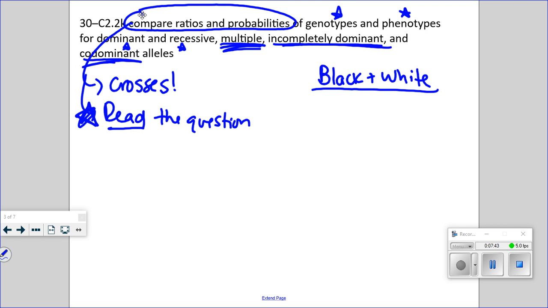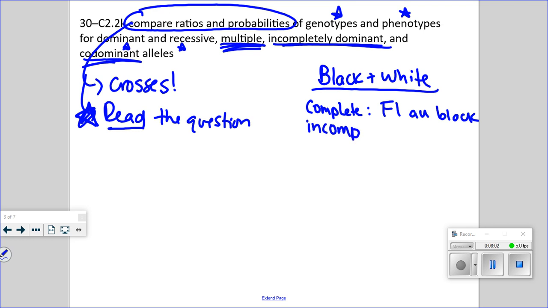Almost made bunny stew. If the scenario is complete dominance, and I cross pure breeding black and white bunnies, I might see something like the F1 generation are all black.